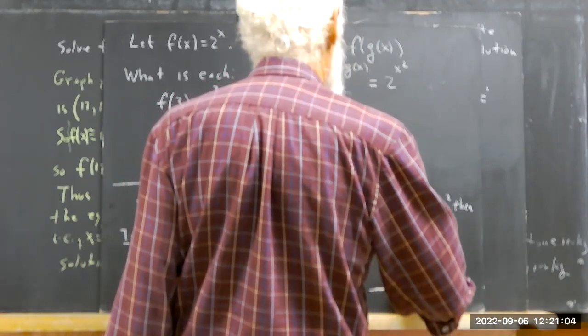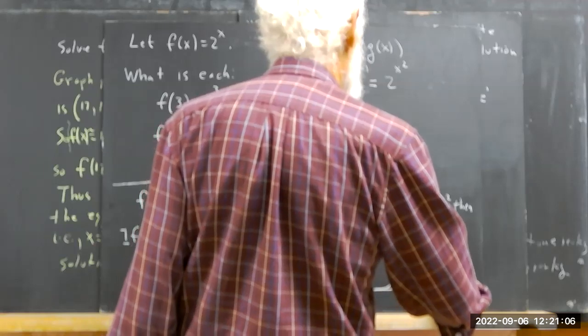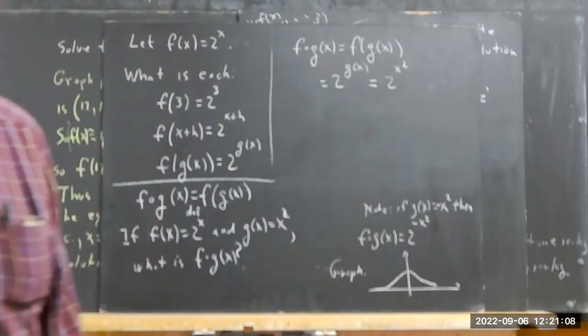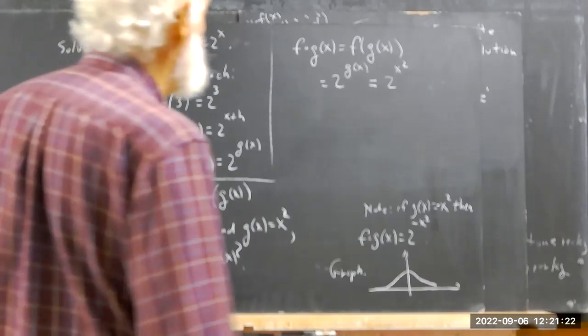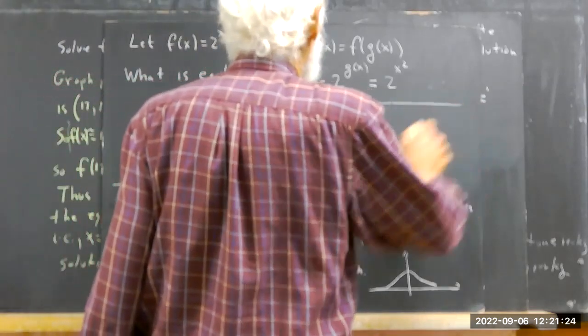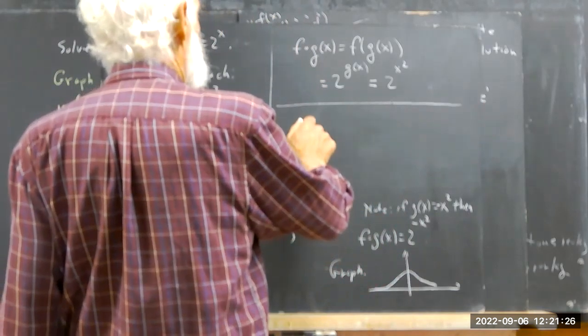Here's the graph of this function, a well-known bell-shaped curve. It's actually a transformation of the bell-shaped curve that we use in statistics. But there it is.